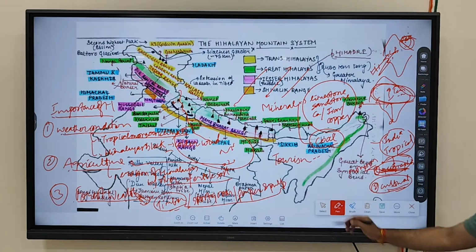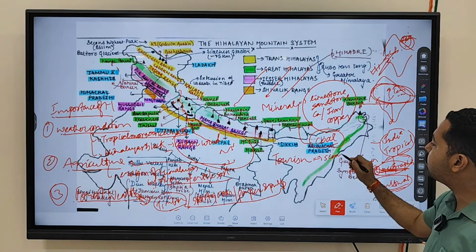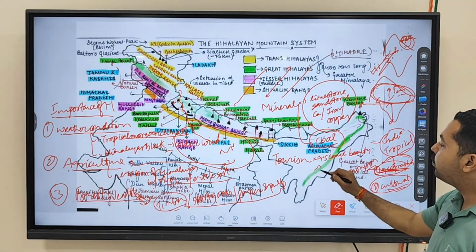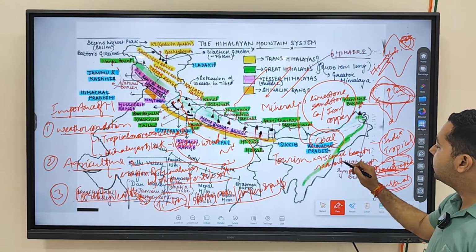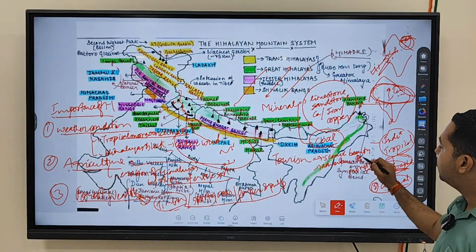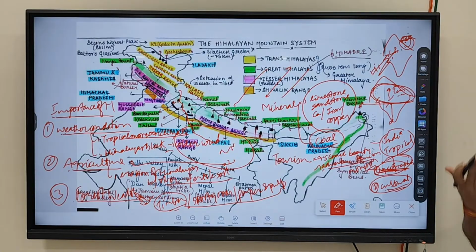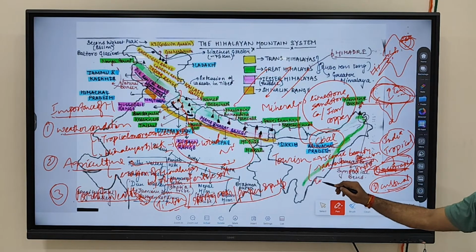Uttarakhand is known for its tourism, not only for scenic beauty but also adventure tourism. Adventure tourism means you generally go for trekking, river rafting, paragliding, all those type of things. You will also go for cultural tourism.